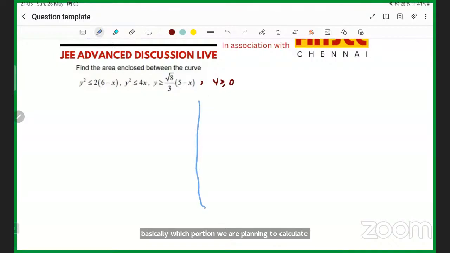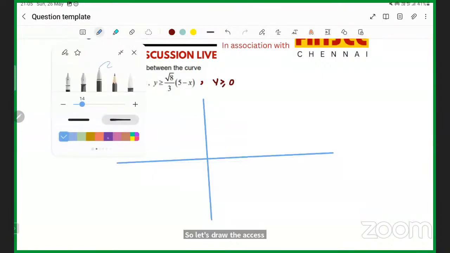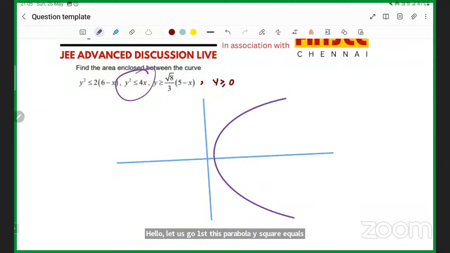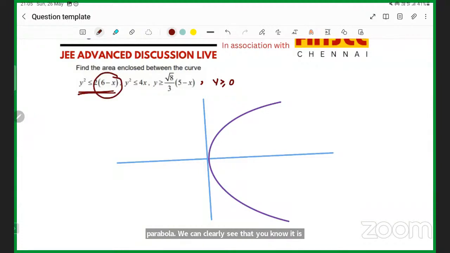Okay, so let's draw the axis. Let us draw first this parabola y square equals 4x, so we would have something like this. Then, when we see the other parabola, we can clearly see that it is written something like 6 minus x.